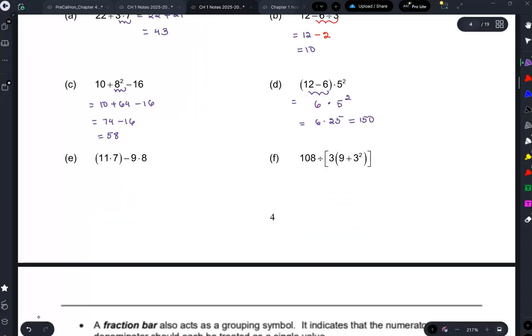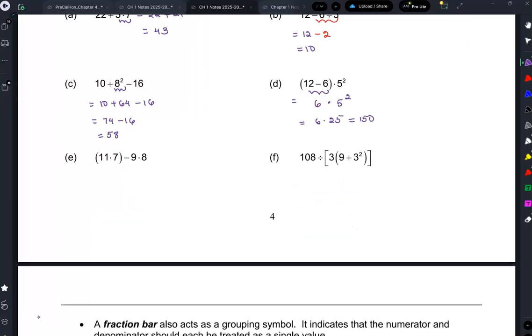Okay. Here, parentheses first. 77 minus multiplication, 72. Then I subtract and I get a 5.